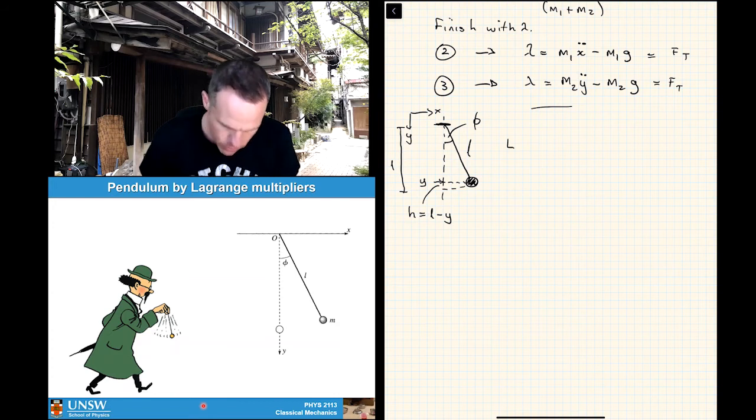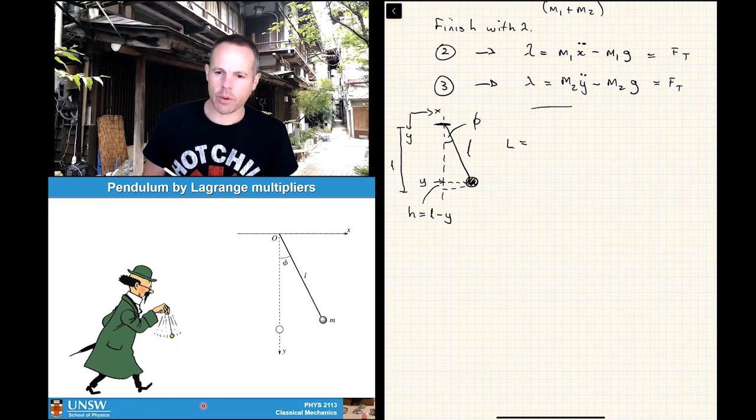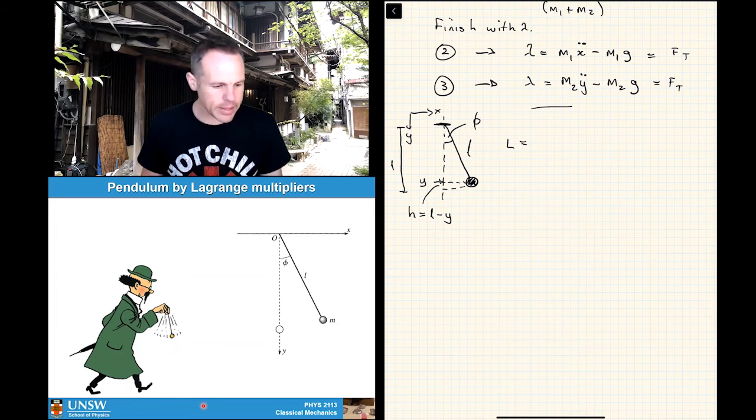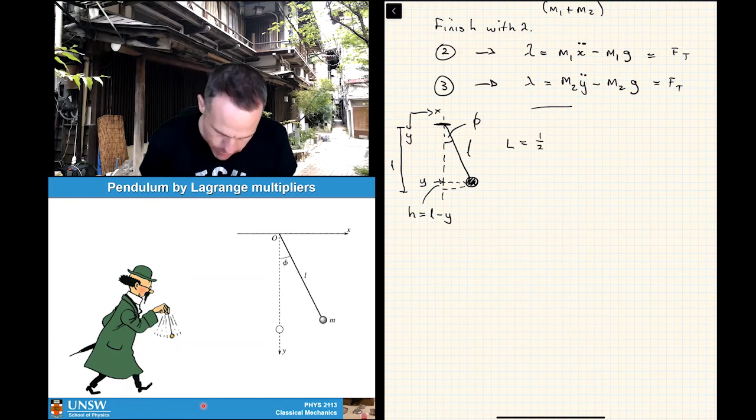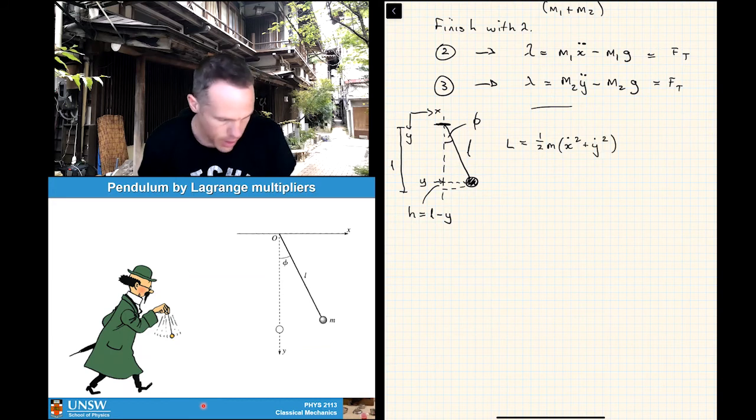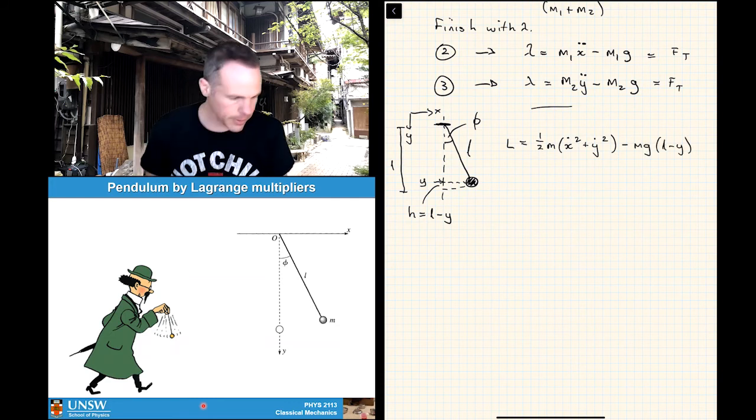So we're going to write our Lagrangian now, but unlike last time where we tried to get it in terms of phi, now we're going to keep it in x and y, right? So this will be a half m times (x dot squared plus y dot squared) minus mg times our height down here, which is L minus y, okay?